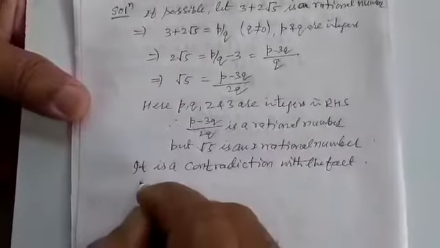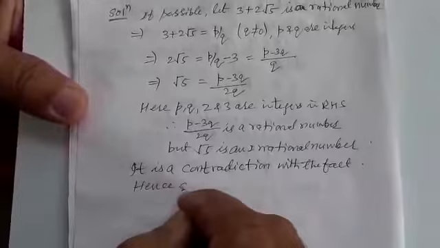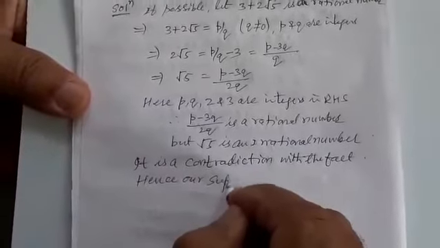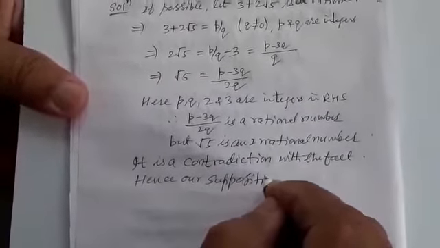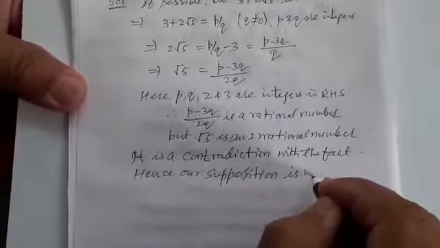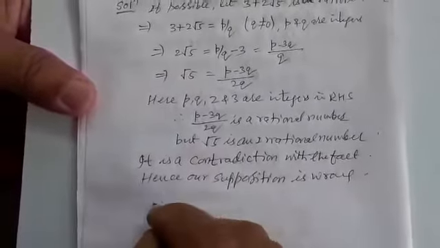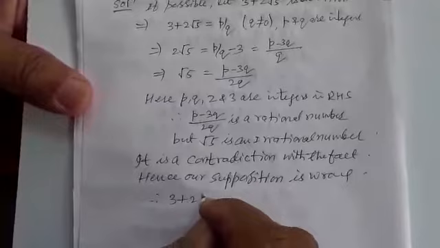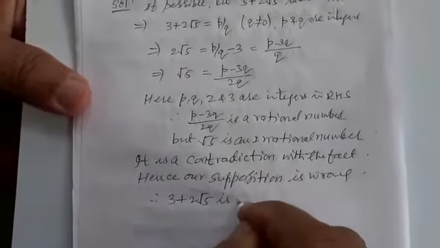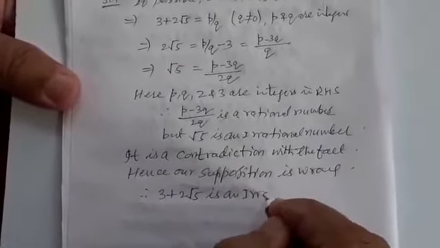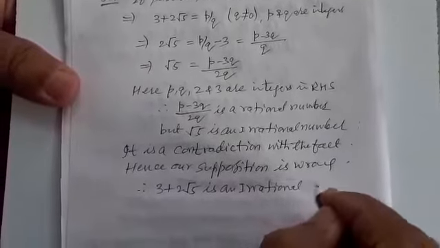Hence our supposition is wrong. Therefore, 3 plus 2 root 5 is an irrational number.